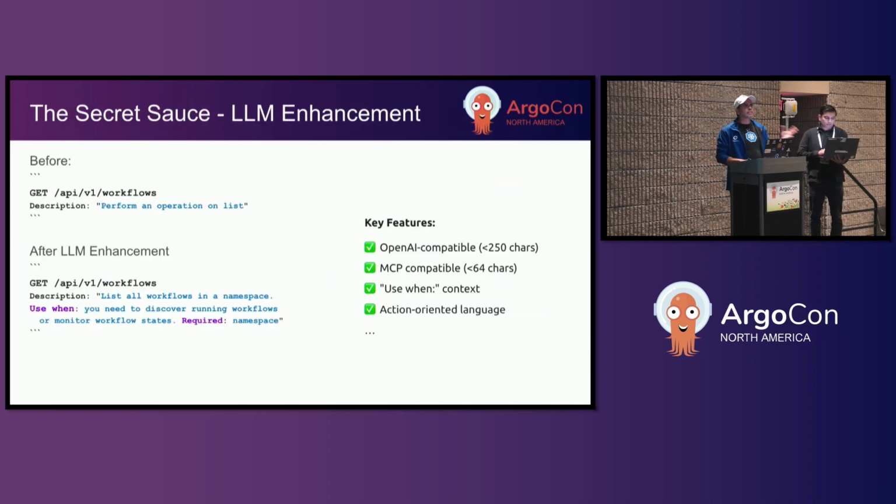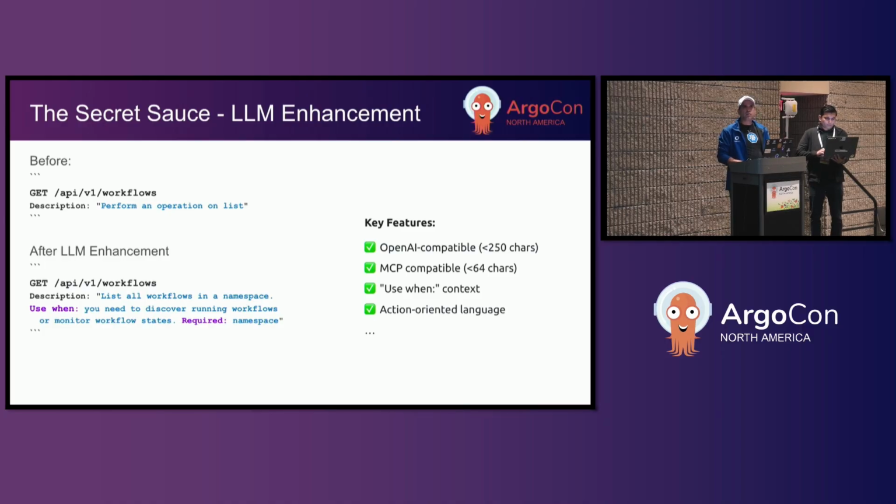Here's an example of before. The Swagger from Argo Workflows will have something like "perform an operation of list." Literally, that's what's in the Swagger file. So a developer would know that's the API.